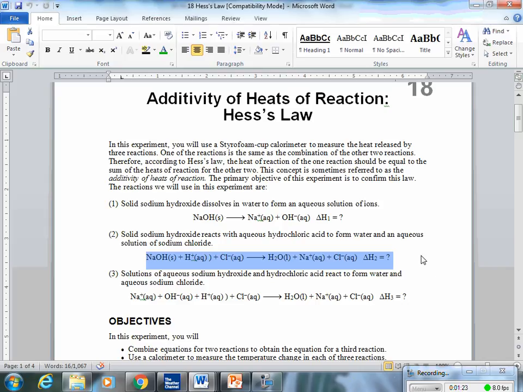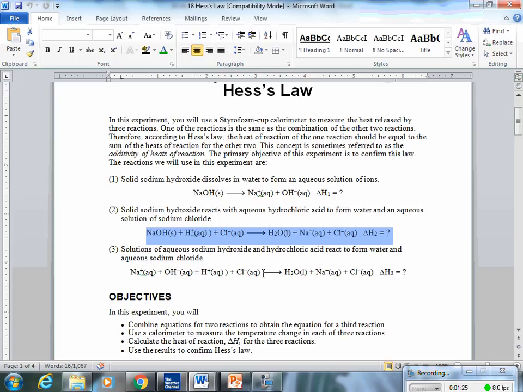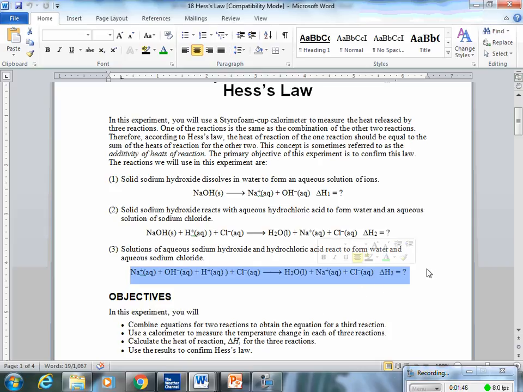And finally, the third reaction is you're going to take a solution of aqueous sodium hydroxide and a solution of aqueous hydrochloric acid, and you're going to react those two solutions together to form salt, which is aqueous sodium chloride, and water. So those are your three different equations right there in the introduction.